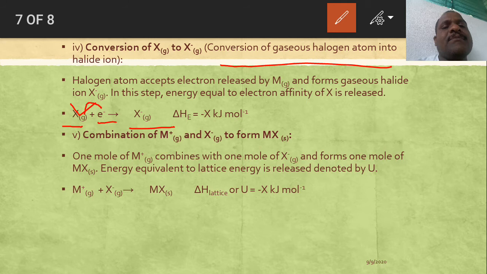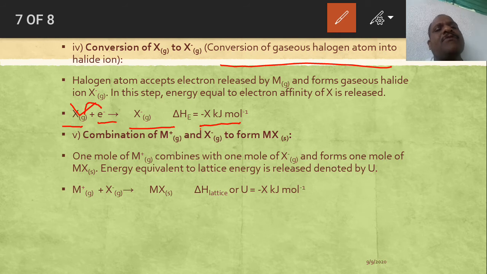The energy here is equal to the electron affinity, and that is always negative, right? Delta He is equal to minus X kilojoules per mole. The fourth step is very clear. Again I will repeat: conversion of a gaseous halogen atom to a halide ion.